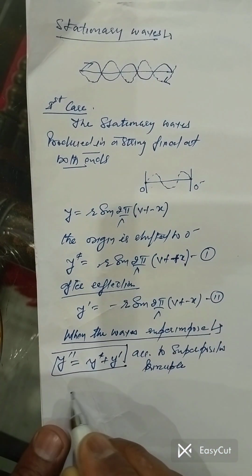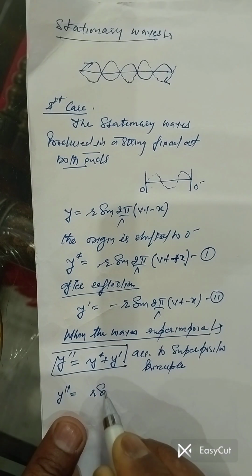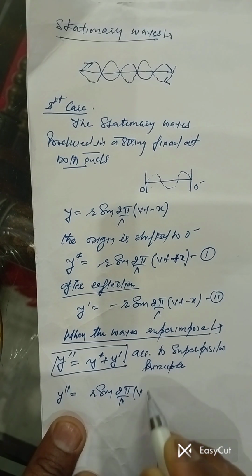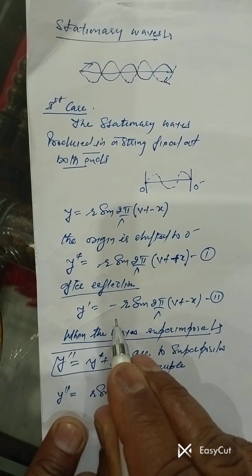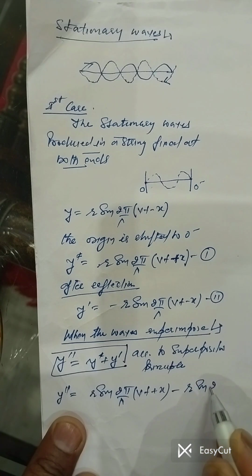So we will add here: y double dash is equal to r sine 2 pi upon lambda (vt plus x) and plus means here it will become minus, so it is r sine 2 pi upon lambda (vt minus x).